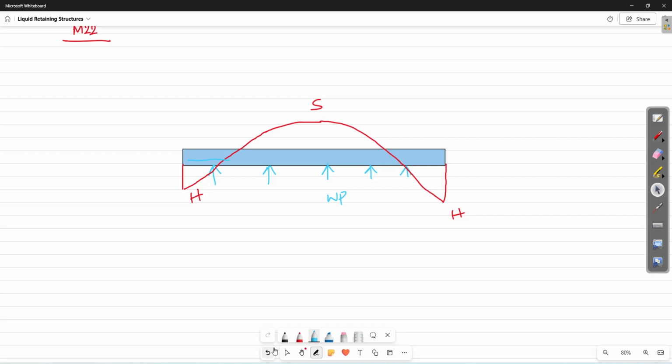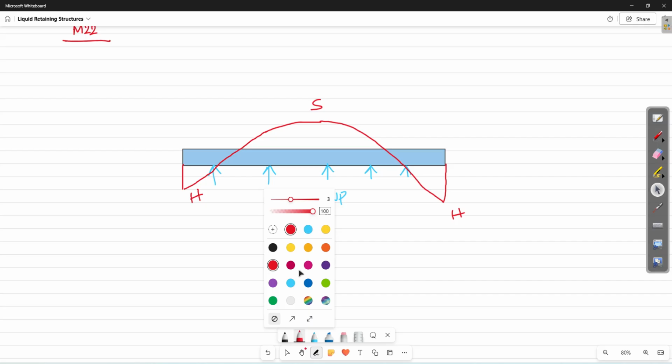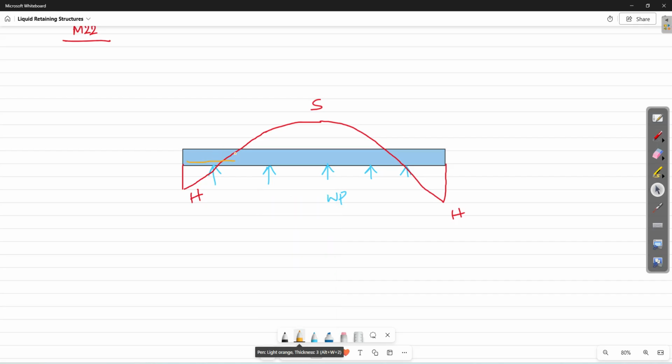I will change the color. So for this hogging bending moment, you will provide steel at this location. So I will continue the reinforcement number. It is 5. Next, for this hogging bending moment, you will provide steel at this location. So this is 6.